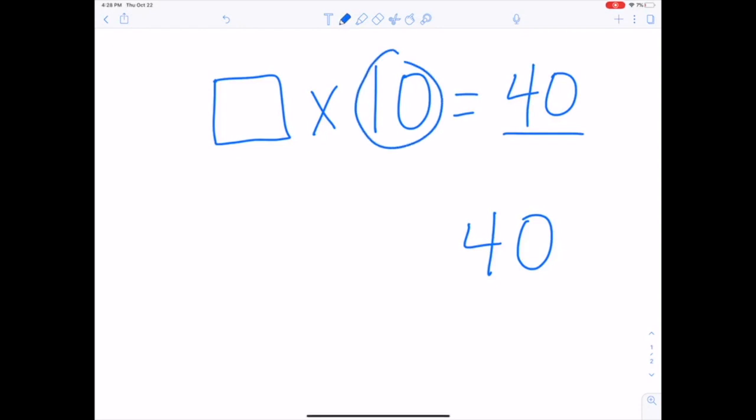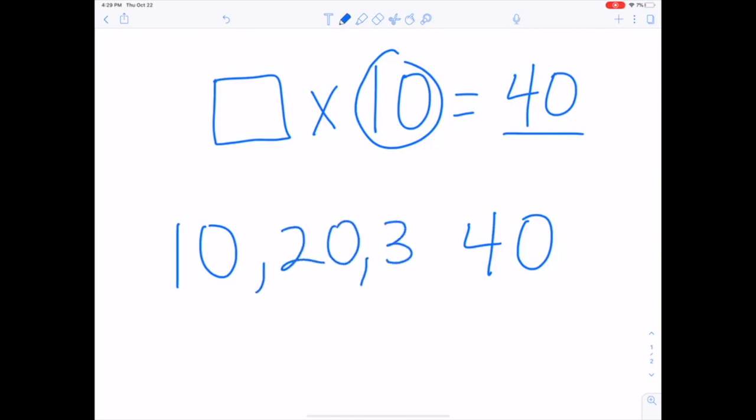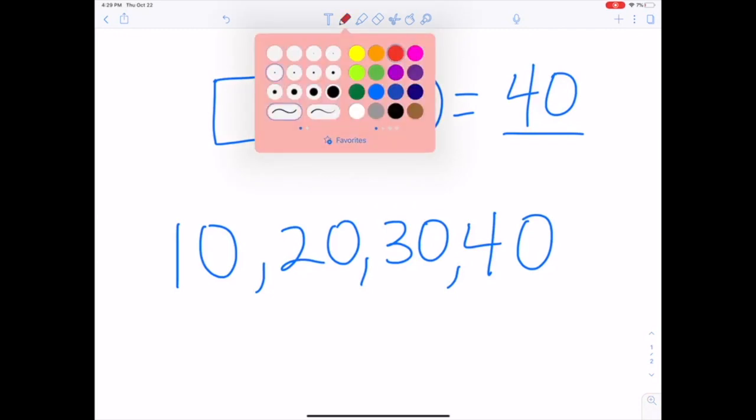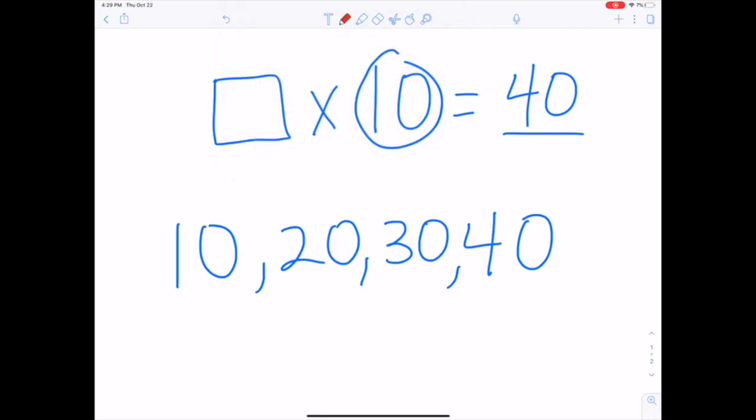So I'm going to be counting by 10s. So I go 10, 20, 30, and then 40. So I hit my target number. 40 is not the missing factor, that's the product. So I need to count how many times I counted by 10 until I got to 40. So I counted 1, 2, 3, 4. And 4 is my missing factor.